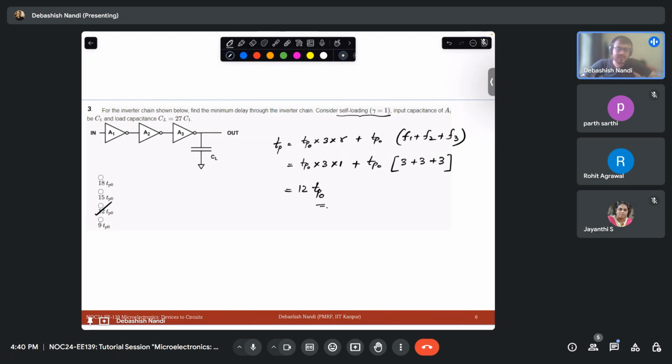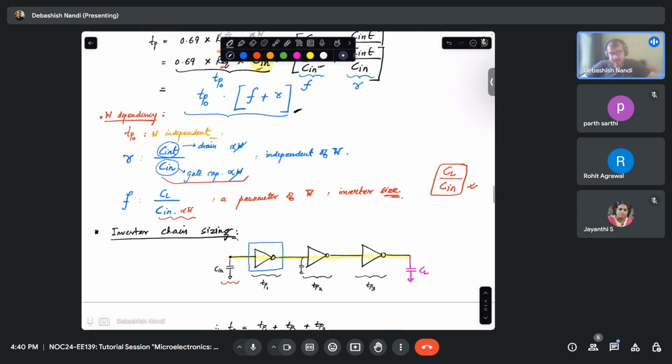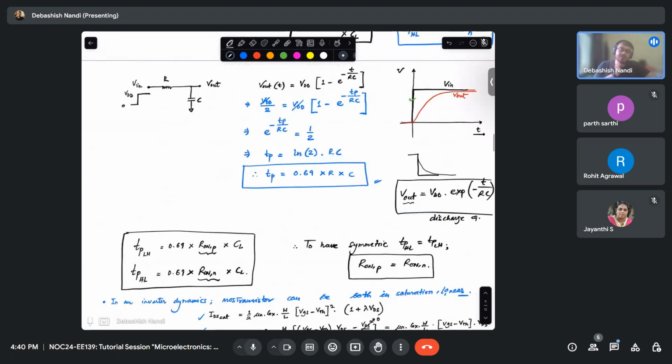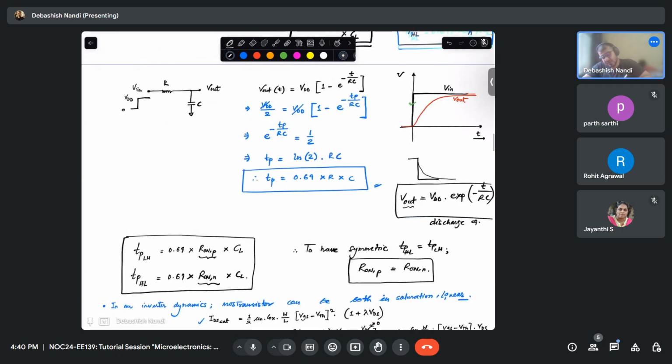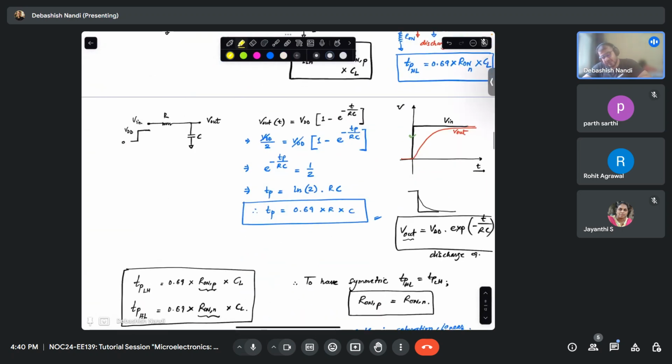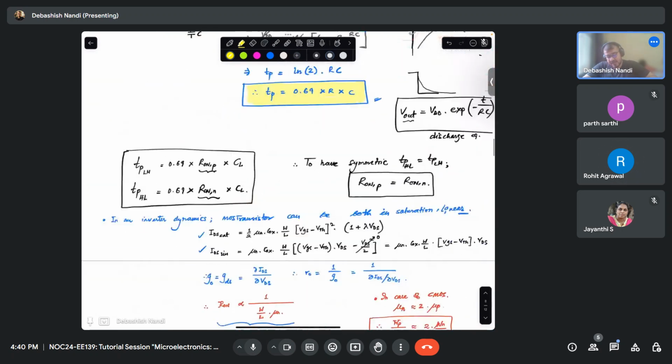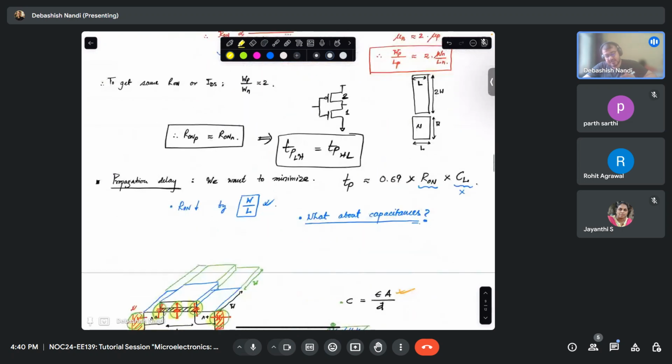So did you understand how the delay thing has come? It has come basically from simply the RC circuit. So what are the things you need to remember in this case? You need to remember this formula. This is very important. You need to understand where this is coming from. It is coming from a first order RC circuit. Then you need to understand how you are making your TPHL and TPLH the same.